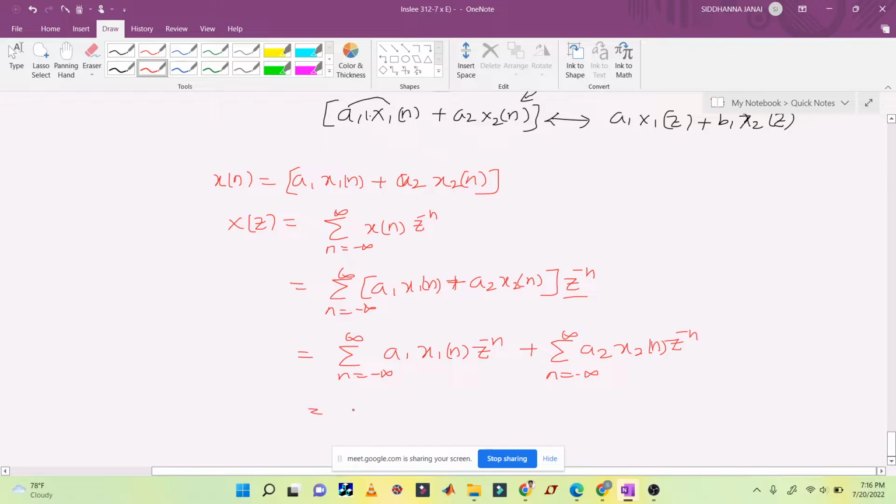So now we can write a1 and a2 are constants. I can take out the constants.